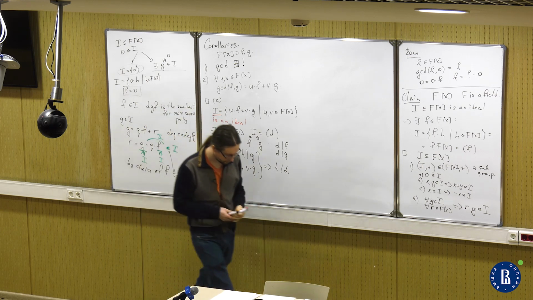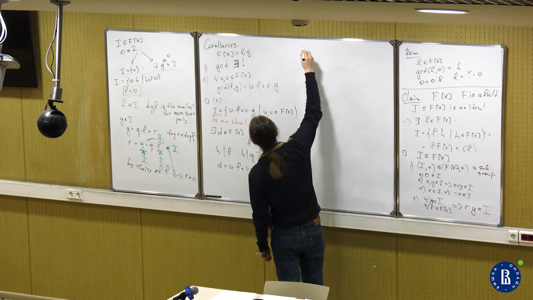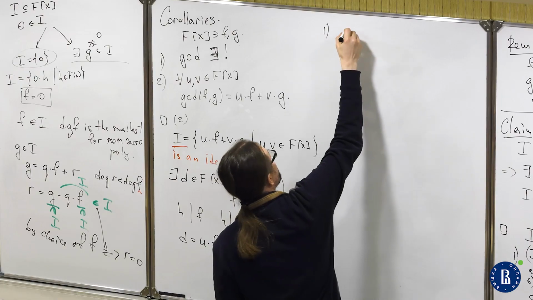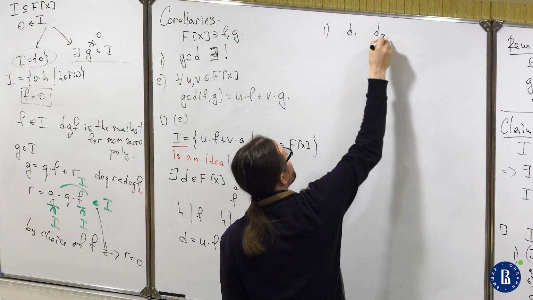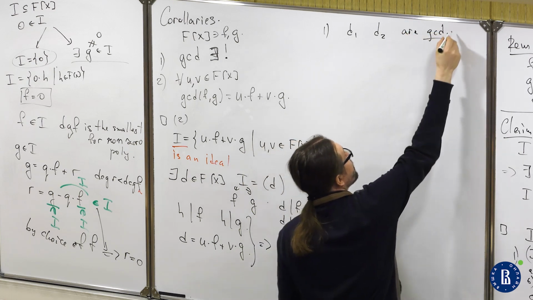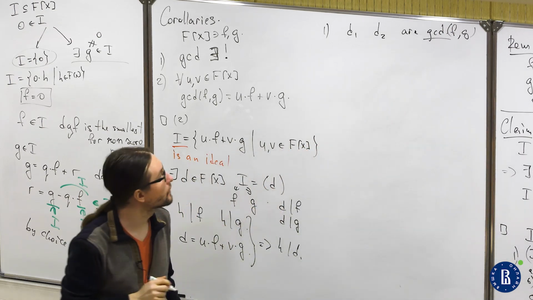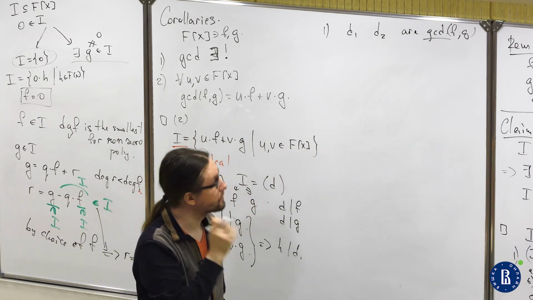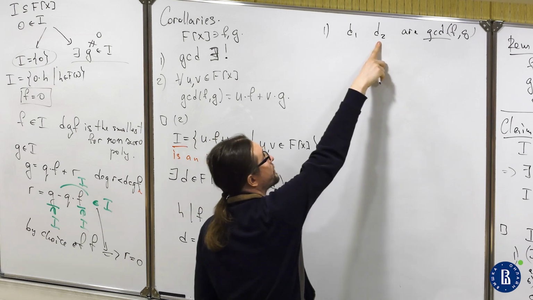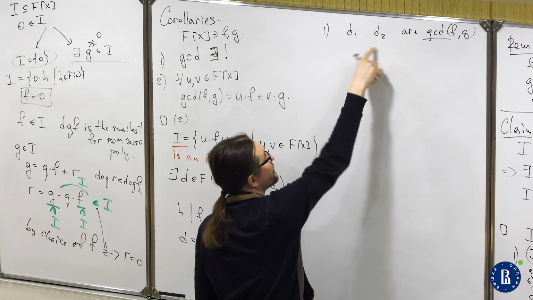So the existence of the greatest common divisor follows from the second claim. Now the uniqueness. Suppose we have two greatest common divisors, d1 and d2, are GCD of f and g. Since this is the greatest common divisor and this one is just a divisor, then d1 must divide d2.